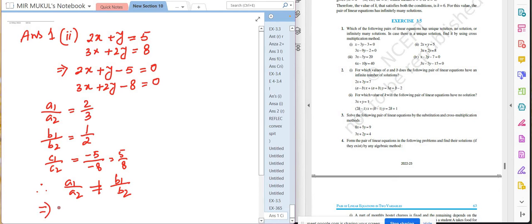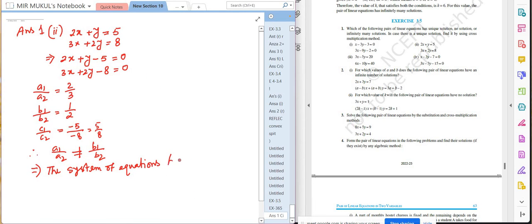That means it has unique solution. Therefore the system of equations has what? Unique solution.